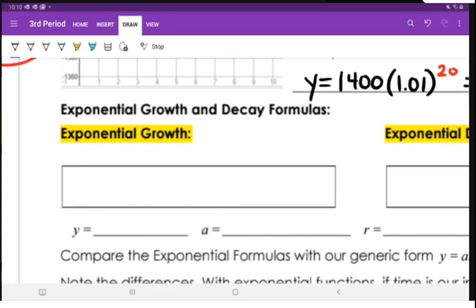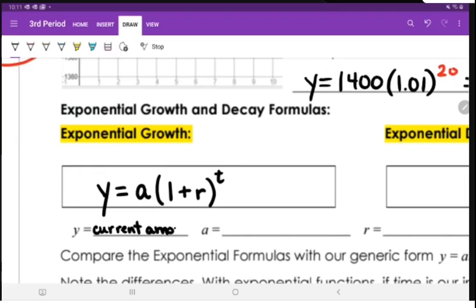So here's our formula for exponential growth. We will discuss this in great detail and break down each little piece, but you'll want to write this down. Y equals A times the quantity 1 plus R to the T. We will talk about this bit by bit. So Y here represents the amount or the population or the value, whatever the current amount is.